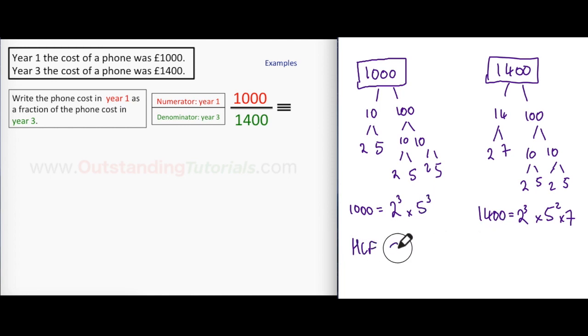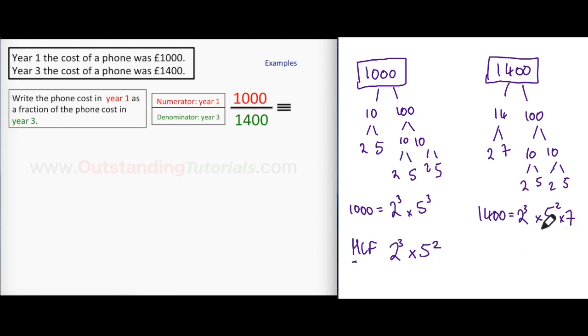So we see 2, and in both cases it is 2 cubed. There's no choice to be made because the powers are the same. For 5, there has to be a choice here. Which power am I going to pick, 5 squared or 5 cubed? If it's the highest common factor, you pick the lower one, so it's 5 squared.